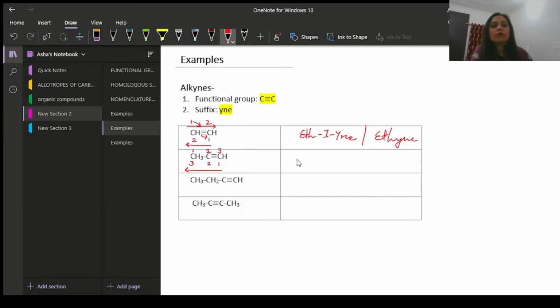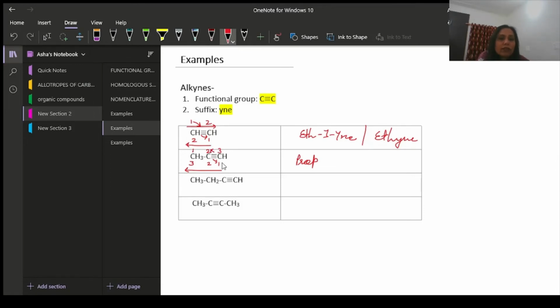So total number of carbons are 3, and this is the longest one, so you can write prop. Now look for the position of the triple bond. Triple bond should get the lowest number. Now when you are doing the backward counting, the triple bond is coming with the first carbon. Okay, now when you are doing the counting from front to back, you are seeing that the triple bond is coming with the second carbon.